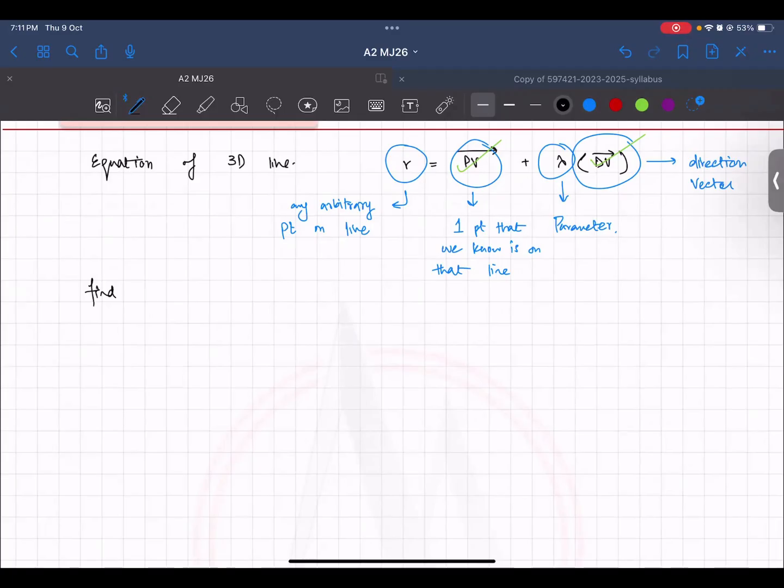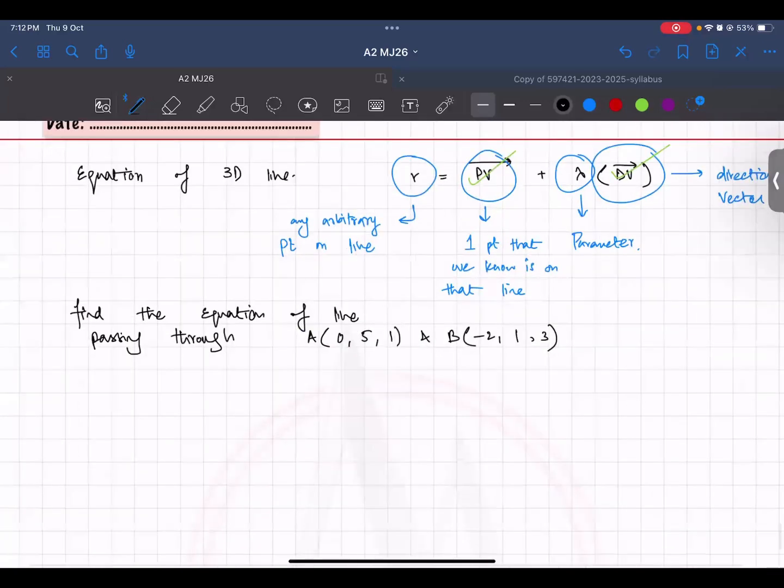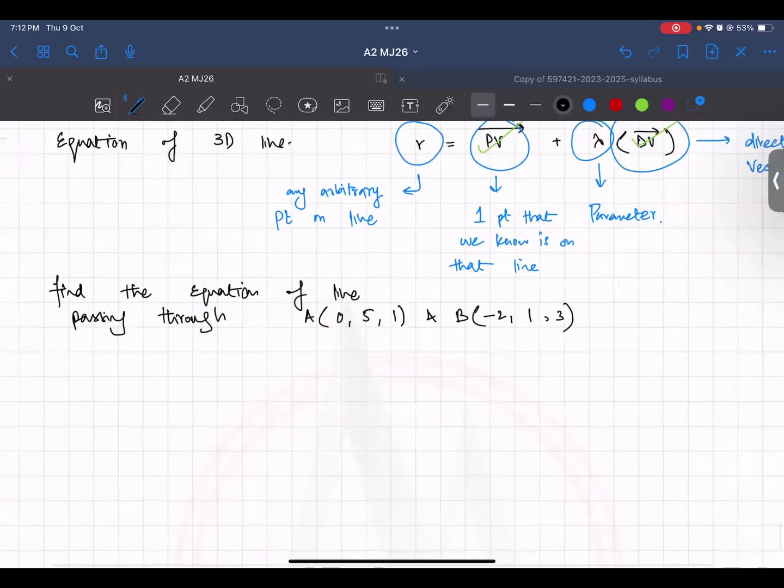Over here as well, it is written, find the equation of the line passing through A, which is (0, 5, 1), and B, (-2, 1, 3). So we will find the equation of a line passing through these two points.